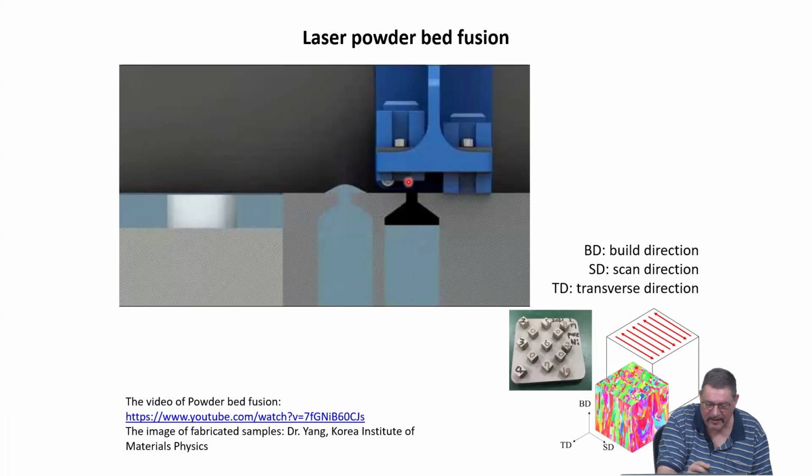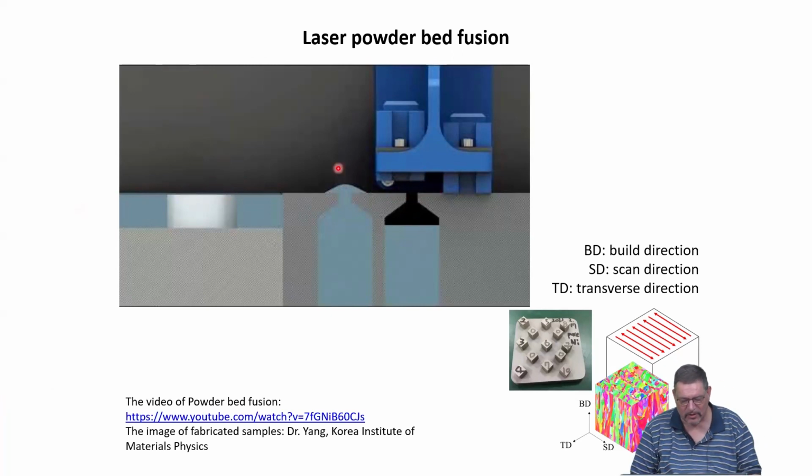Then this slider goes back with this one lowered. It basically scrapes off the powder which is too much. It falls here into this container so that it's not wasted. And then basically the laser comes down and melts the powder in the regions where it should be melted. And then the next powder is applied and so on. And so you build up these structures, as you can see here.